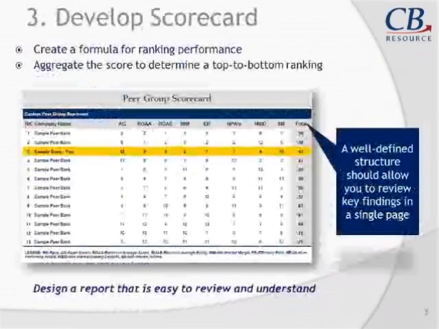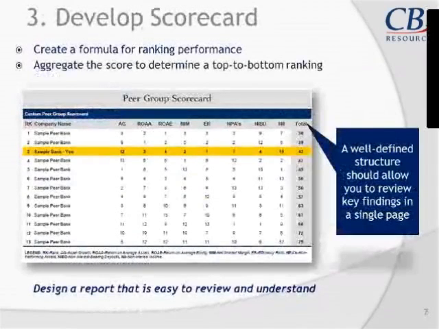So what we're looking for is a well-defined structure which should allow you to review the key findings in a single page. In this case, you can force rank your performance by each one of those performance categories or indices, and then create an aggregate score that you can force rank your bank in. In this case, the sample bank among its peers based on these performance criteria is rated number 3. So you have a top to bottom structure in terms of how you're assessing performance.